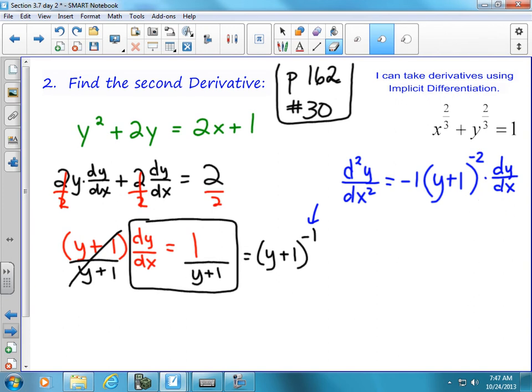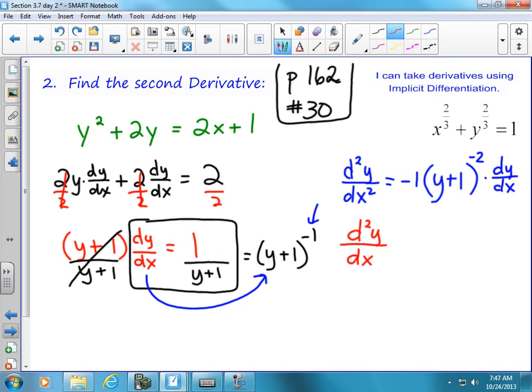Okay, so that is the second derivative. Now, the one thing that I said you're going to do that's different: you're going to take dy dx equals this, and plug that into this equation. So d squared y is like negative 1 over y plus 1 squared, correct?